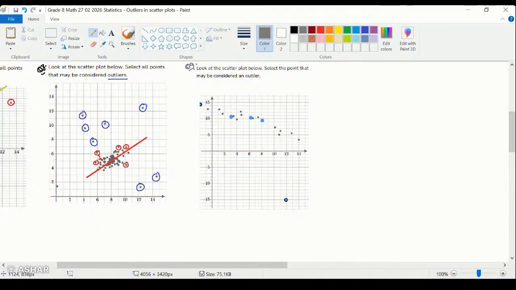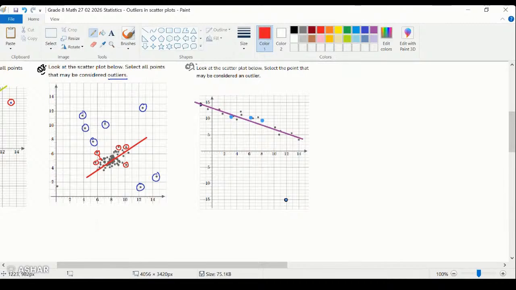How can we identify the outliers? We draw a line of best fit. Okay, this can be the line or this can be the line. So which point is an outlier?